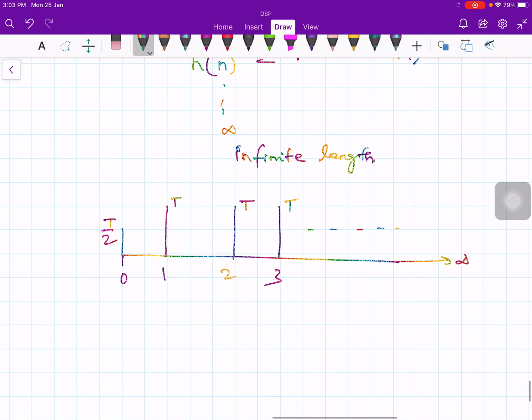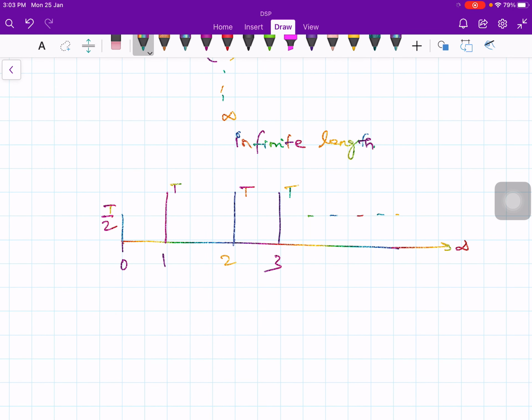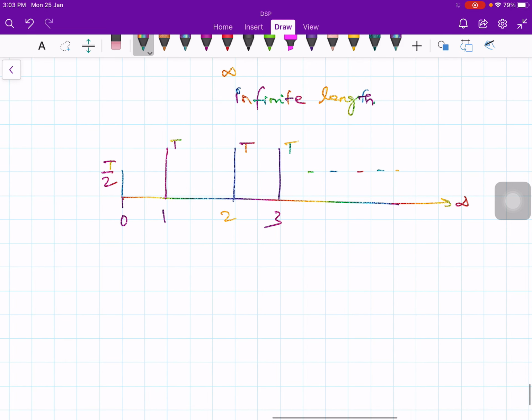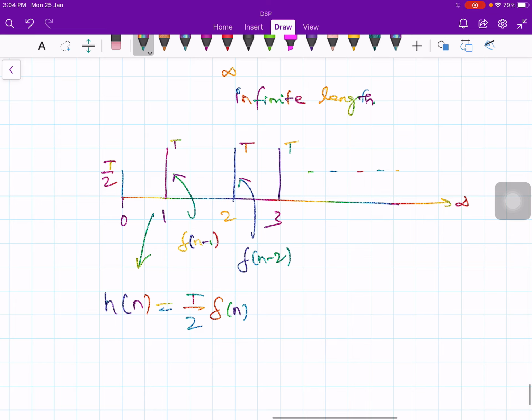So it would be T by 2 at n equal to 0, T at n equal to 1, T at n equal to 2, T at n equal to 3, and so on and so forth. So you can write this as h of n is equal to T by 2 delta of n, then delta of n minus 1, delta of n minus 2: T times delta of n minus 1 plus T times delta of n minus 2 plus and so on.